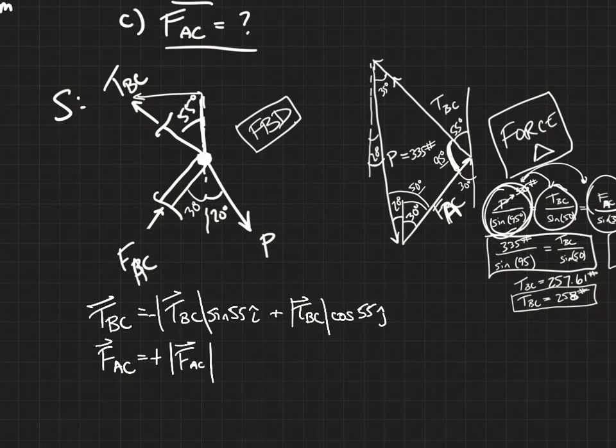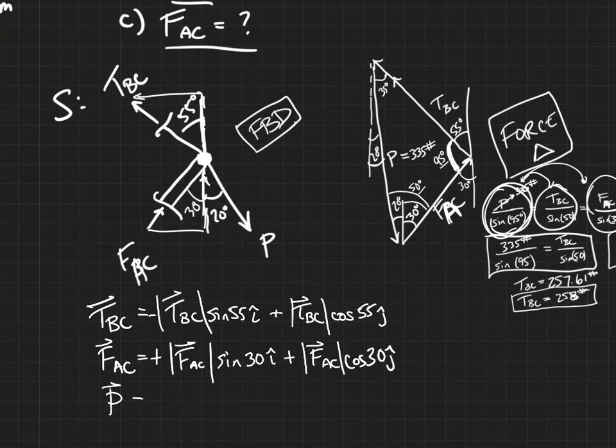And that's the side of that triangle, so if we do it like that, the x direction is the opposite, so it's going to be a sine of 30 i plus FAC times, now this side is the adjacent side, so that'll be cosine of 30 times j, and then we'll have P.